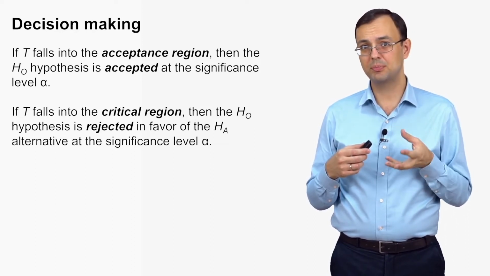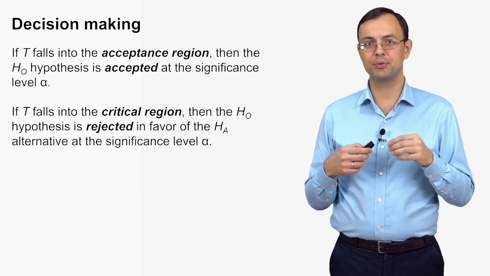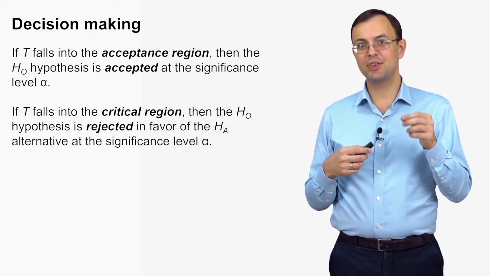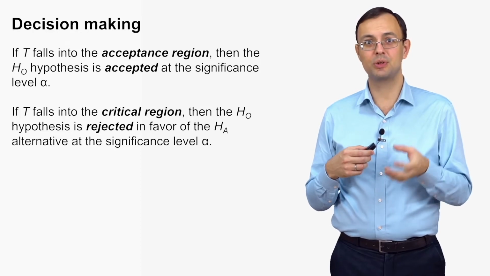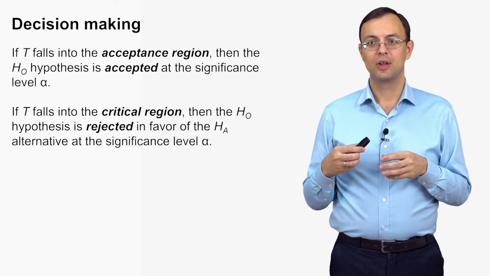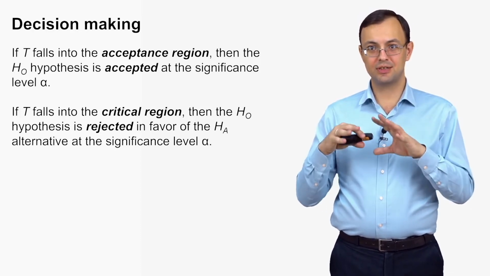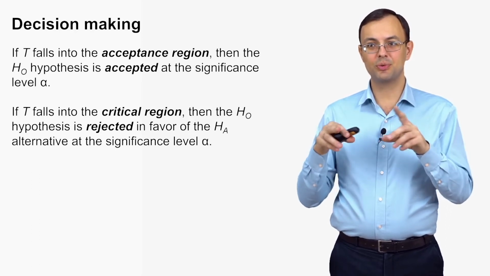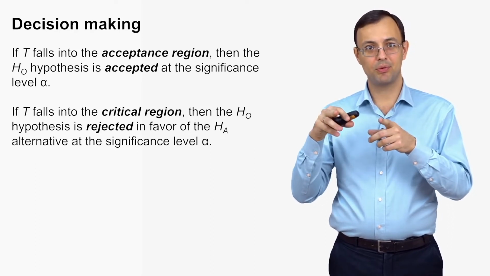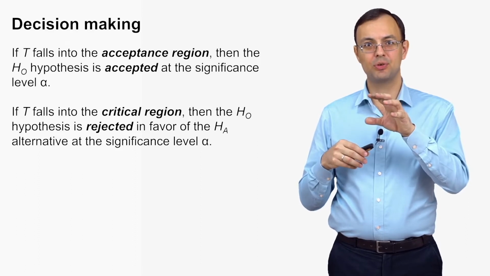If we don't believe that T follows the law distribution, then we don't believe that the null hypothesis is true, and so we reject it. So everything is okay with the second type of making decision, with the second point here.